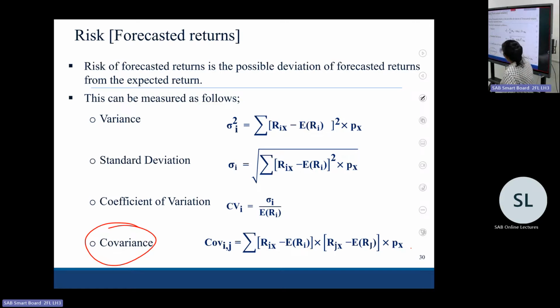You can see the formula for the covariance is equal to the forecasted return of stock X under the state of economy, its deviation from its expected return, multiplied by the forecasted return of stock Y at the same state of economy and its deviation from its expected return, multiplied by the probability of happening of this state of economy.